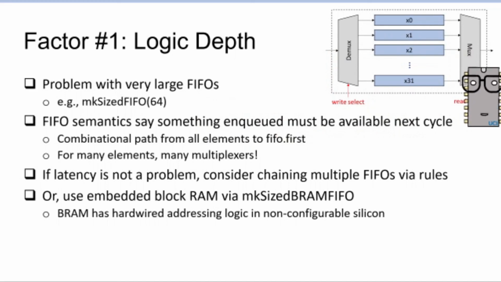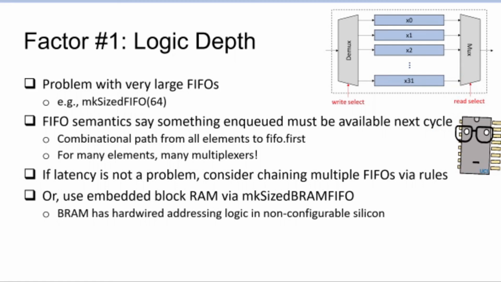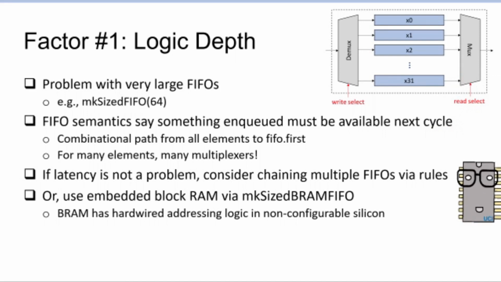And a very deep multiplexer like this one is kind of expensive to build in terms of chip size, chip resources, and also logic depth. So if latency is not a problem, consider chaining multiple FIFOs via rules.